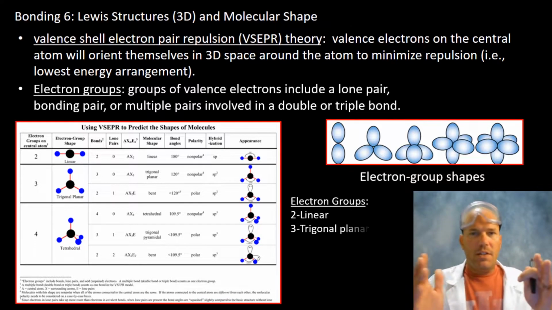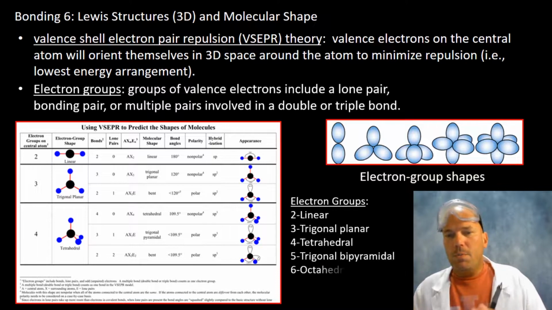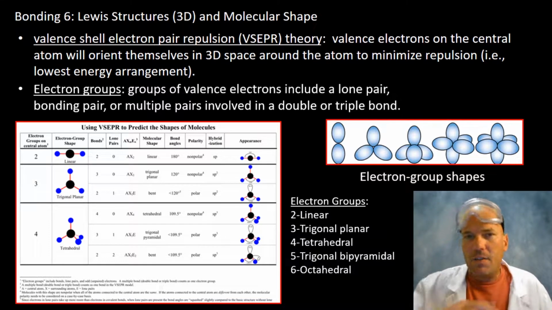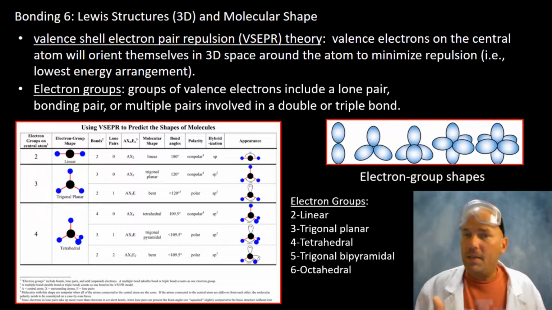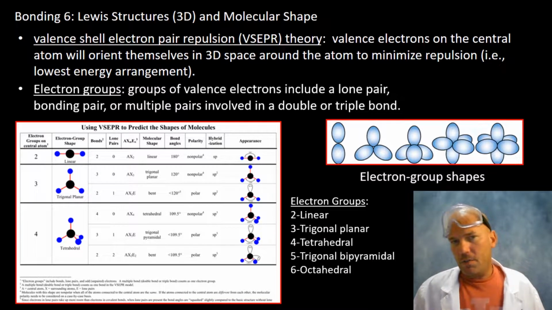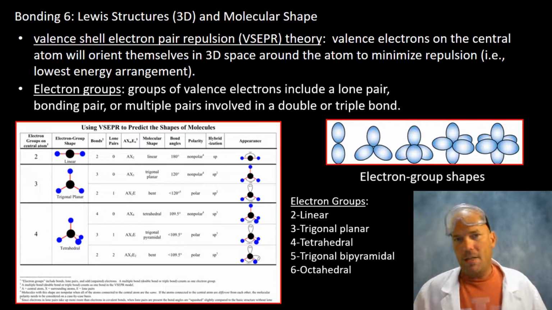As I mention and go through these, I want you to look at your shape sheet. Electron group shapes are showing the shapes that the electrons will arrange themselves in depending on the number of groups. And we have just defined electron groups as lone pairs, single bonded pairs, double and triple bonded pairs.